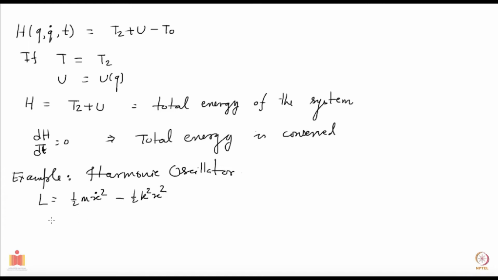So if you now do a Legendre transformation, then you know that the Hamiltonian will be p x dot, p q dot is your p x dot, minus the Lagrangian, which is half m x dot squared minus half k x squared.